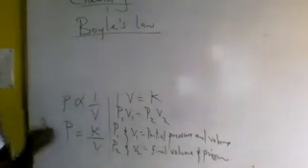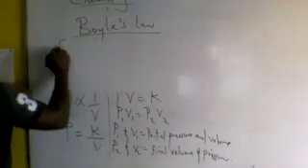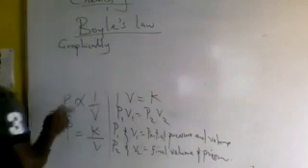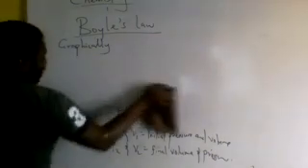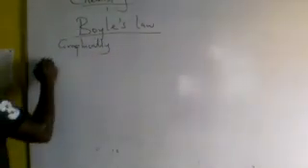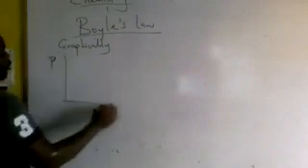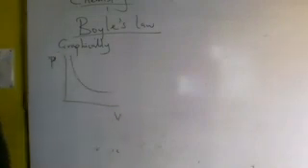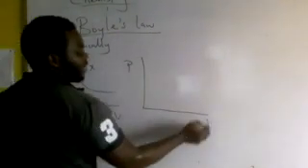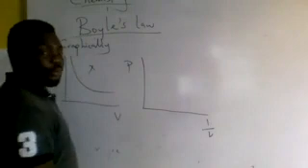If we decide to say P is proportional to V, what you'll be having is a linear graph. So this is not the graph of Boyle's law. The graph of Boyle's law is telling you that P is inversely proportional to V. So this is the appropriate thing to do.